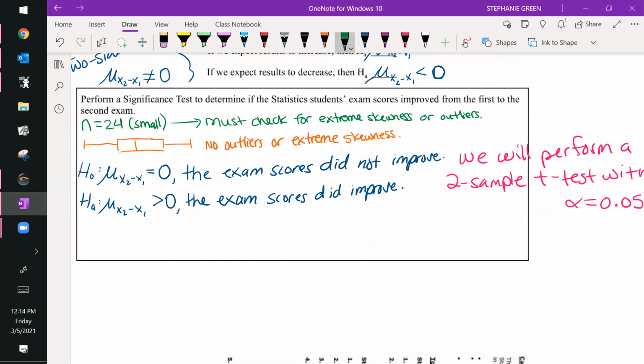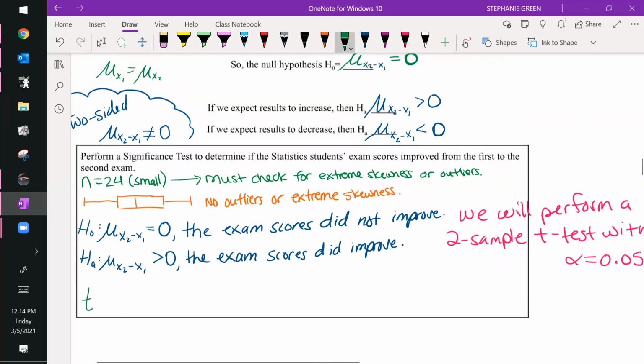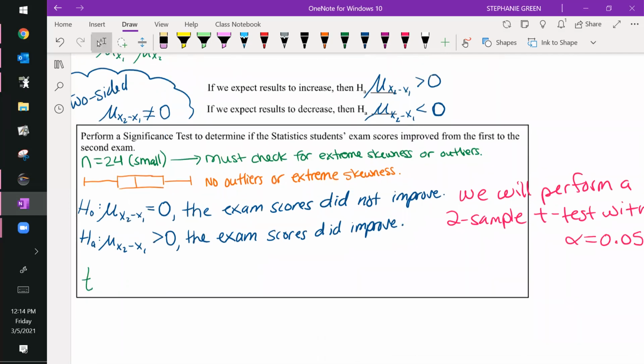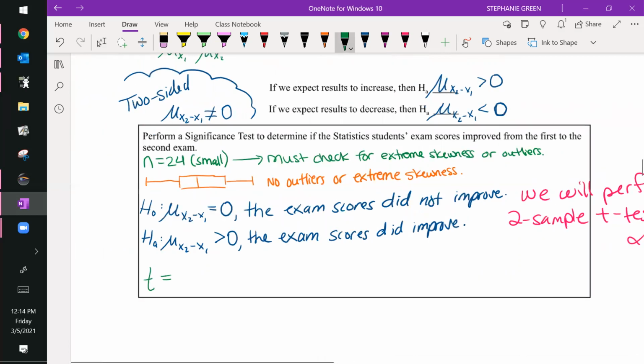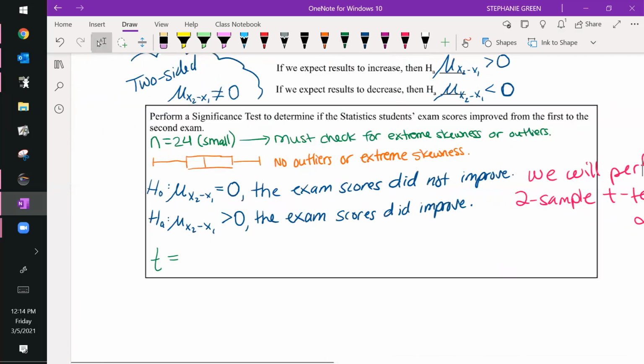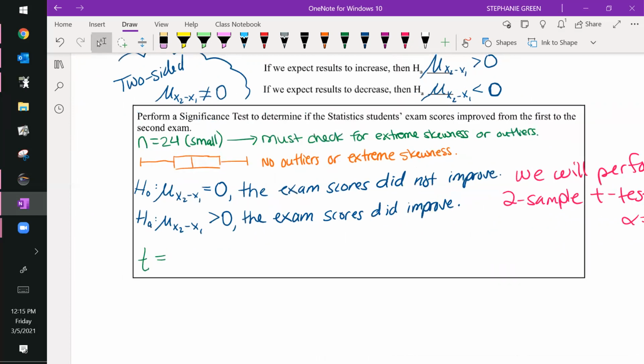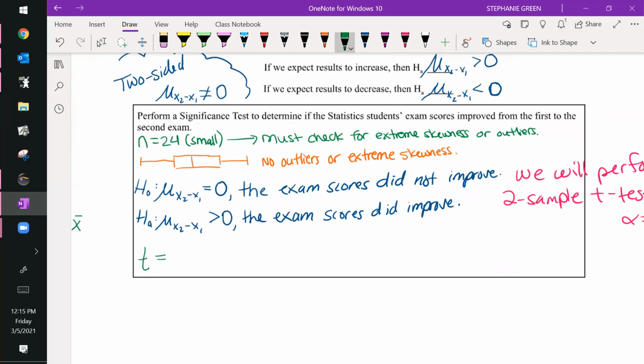So we calculate our t statistic, which is the same thing as a z statistic, except we're going to use S instead of sigma. Okay, so we need some things to be able to do this. I need X bar, and I need S, and I need N, as well as, I suppose, the degrees of freedom.